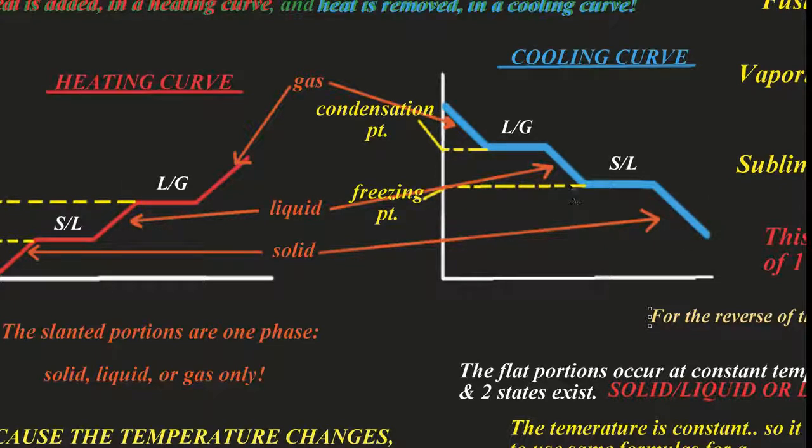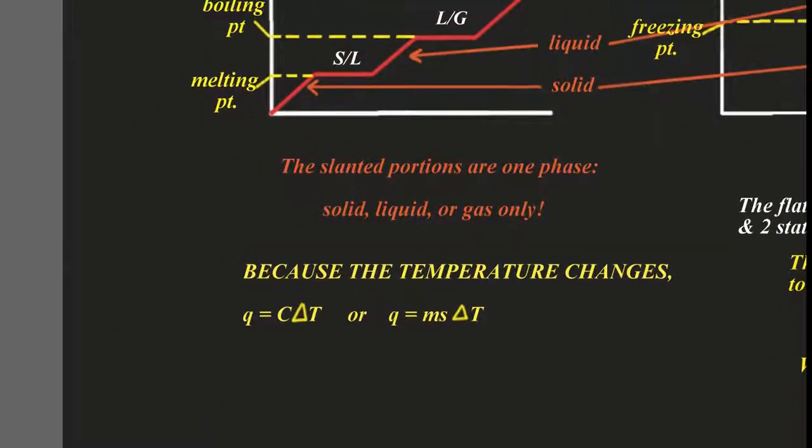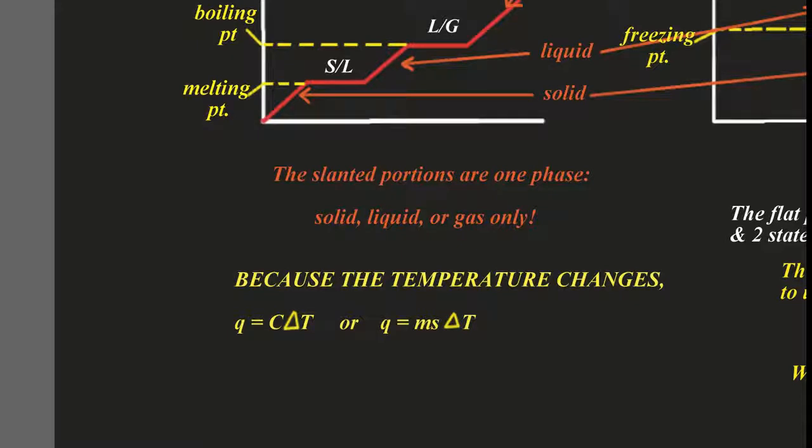All right? So, because these slanted regions have a change of temperature, there's a specific enthalpy formula that you must use. Whereas the flat regions don't change in temperature, and there's a different formula. So let's check out the two different formulas. For the slanted regions, because there's a change in temperature, we use the heat capacity formula, or the specific heat if you're given mass, times change in temperature.